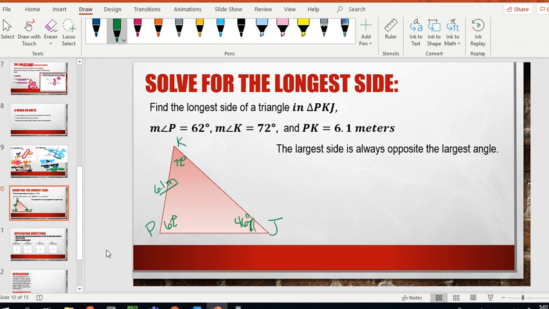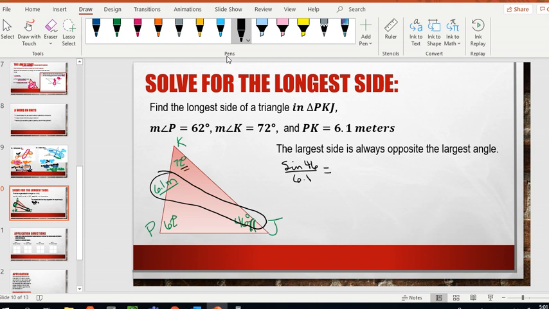All right, so what I do know is that I have a side and an angle that are across from each other. I need that to happen. So I'm going to have sine of 46 over 6.1 equals the largest side.